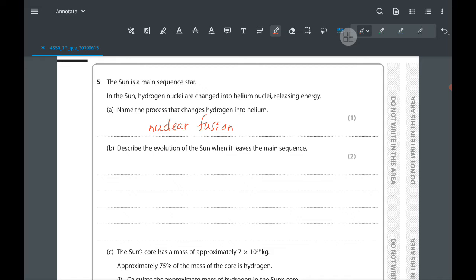Second question, describe the evolution of the Sun when it leaves the main sequence. So first of all, you need to remember that the Sun is a kind of smaller star. Because of that, it turns into a red giant when it leaves the main sequence.